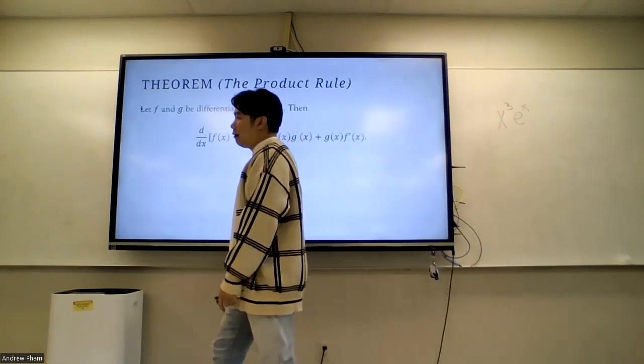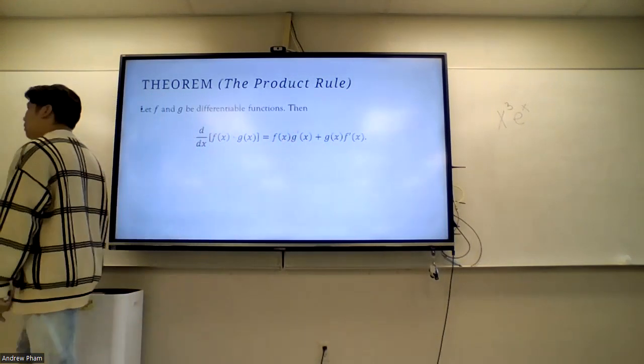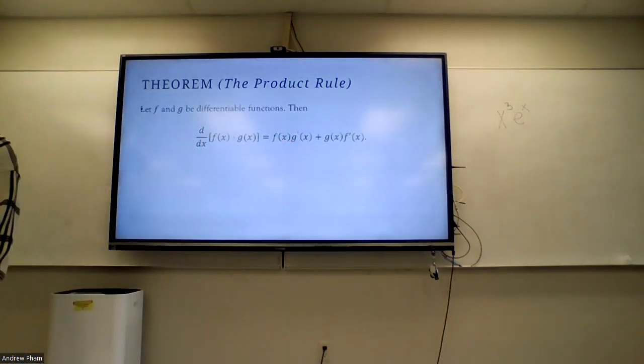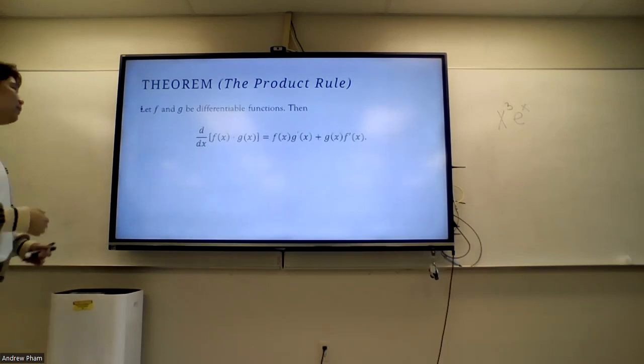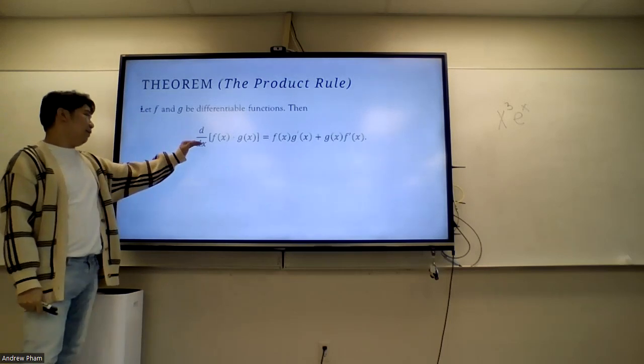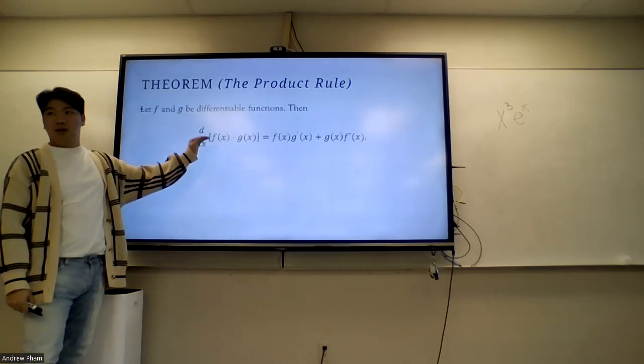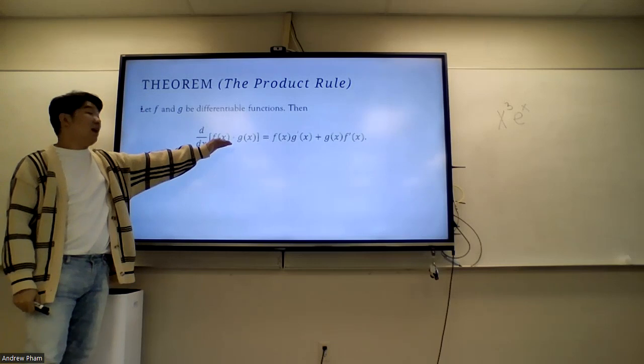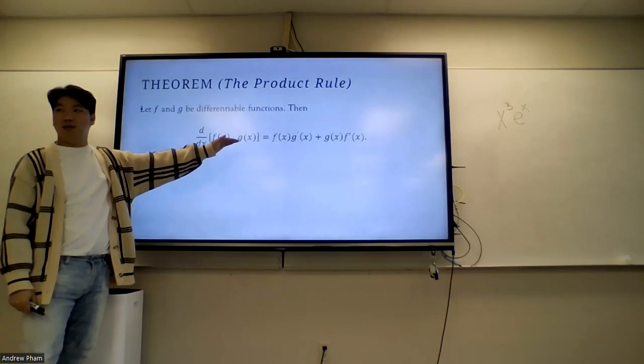So our first theorem for today. Suppose I have two functions, and we're going to generically call them f and g. Let's say I want the derivative of that product. So again, remember d dx, and this is the derivative of, in this case, f times g.